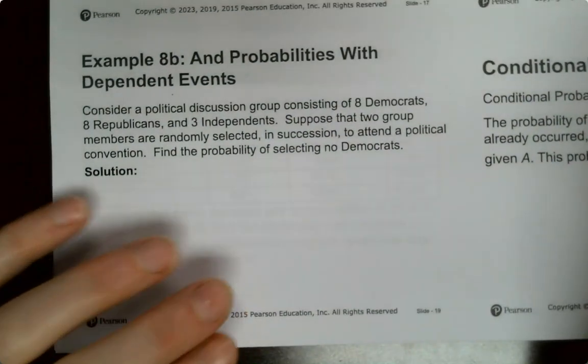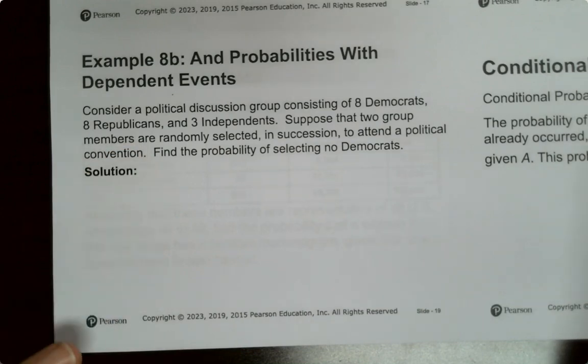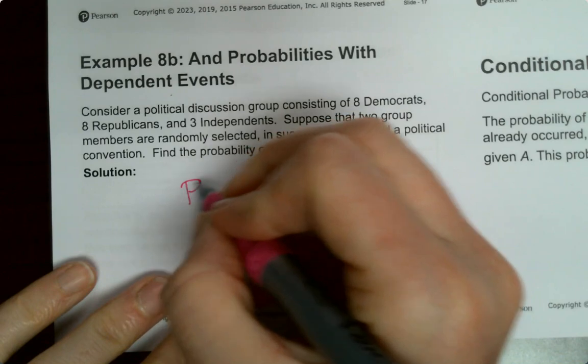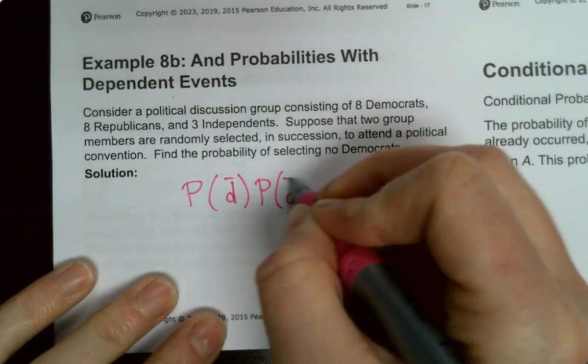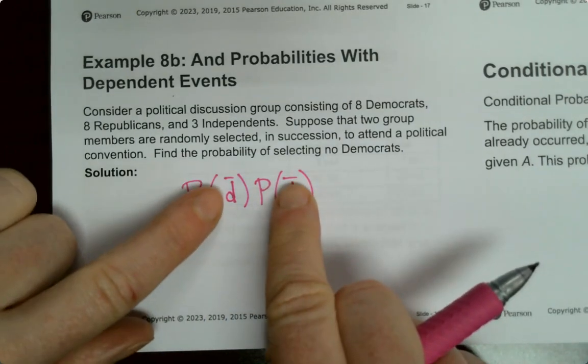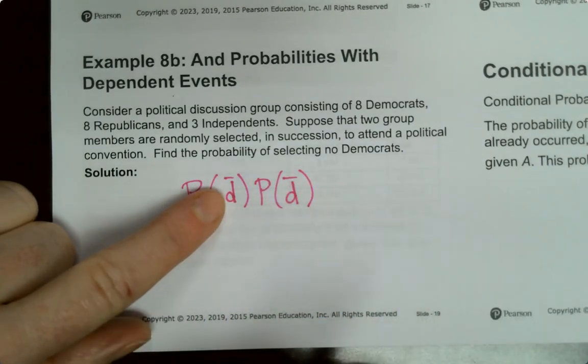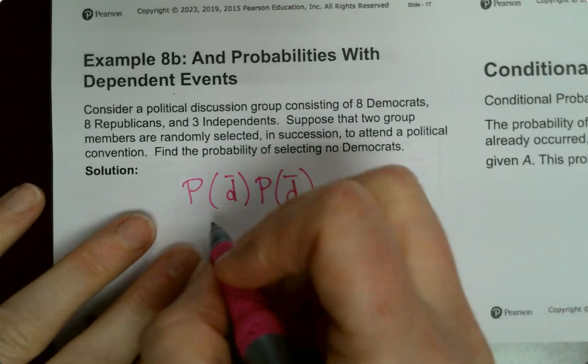Here's another one. Find the probability of selecting no Democrats from a group. And we have 2, so probability of not a Democrat. Probability of not a Democrat. Remember that little line means complement, means the opposite of selecting that.